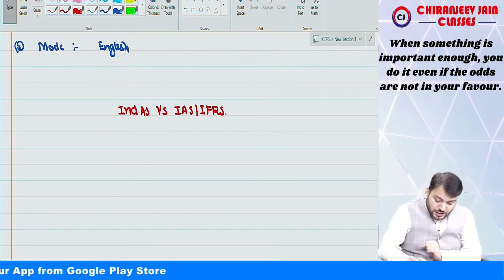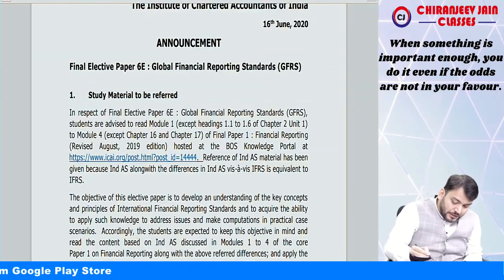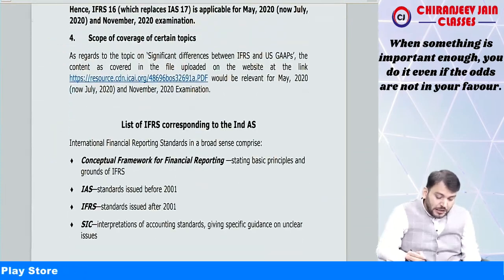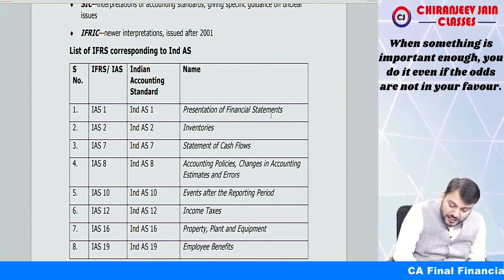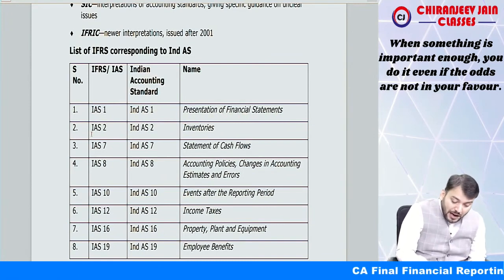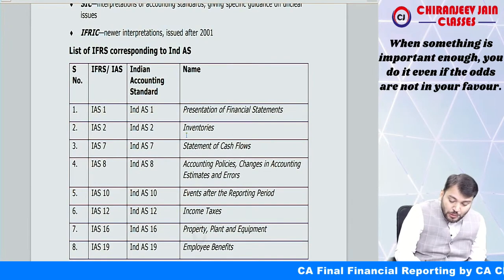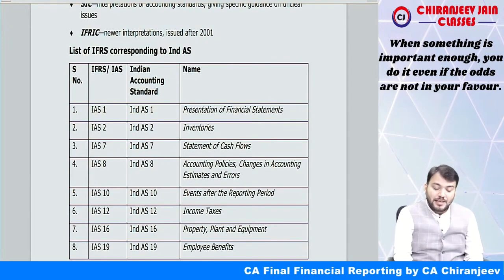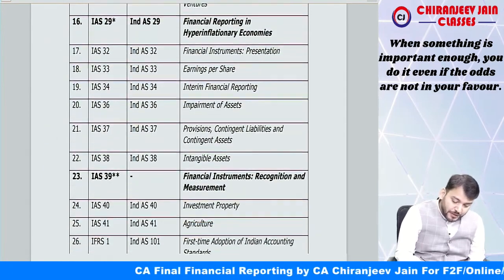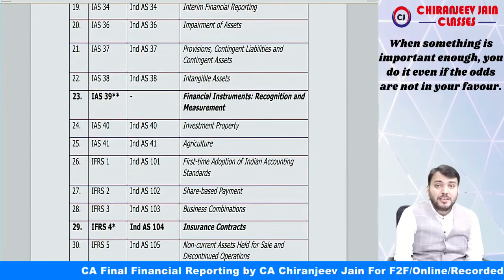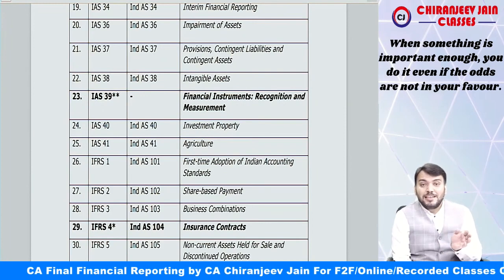Correct? If you see the name, just try to understand. As far as the name is concerned, IAS 1 is Ind AS 1 and the name is the same, presentation of financial statements. IAS 2 is Ind AS 2 and the name is inventories. Correct? So there is IAS 1 to IAS 40, so there is Ind AS 1 to Ind AS 40.